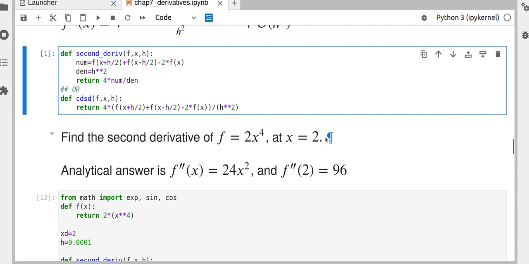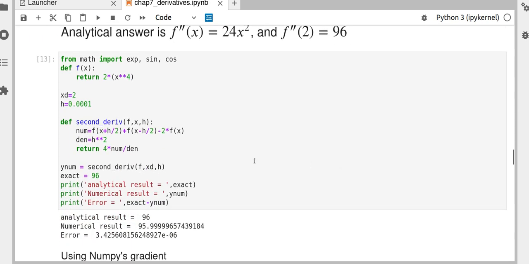The analytical answer: f prime of x is 8x raised to the power 3, so f prime prime will be 8 times 3, which is 24, times x squared. At x equals 2, x squared is 4, and 4 times 24 gives 96.